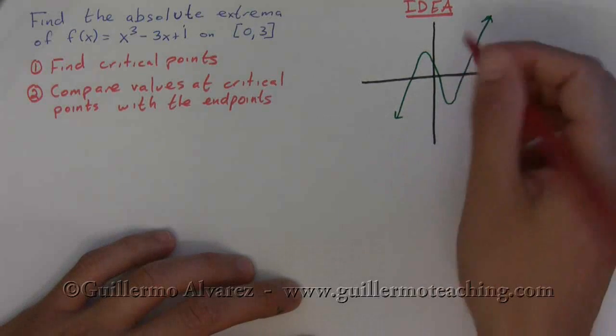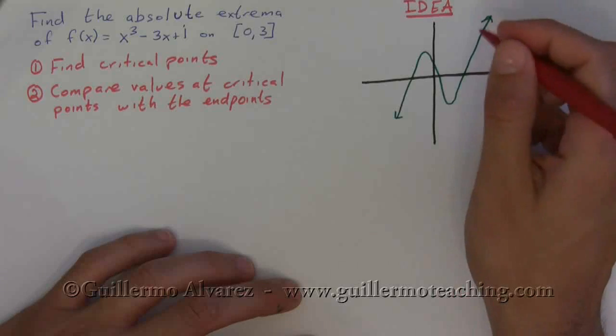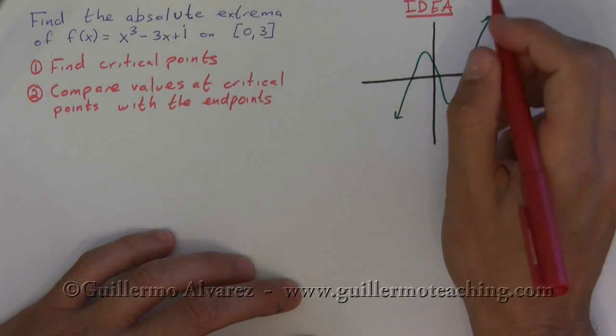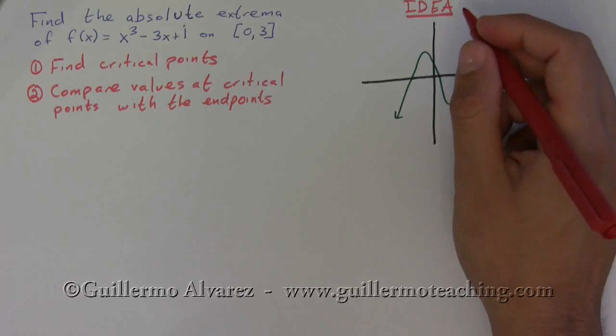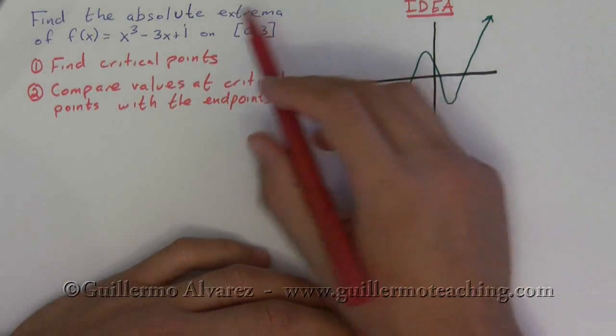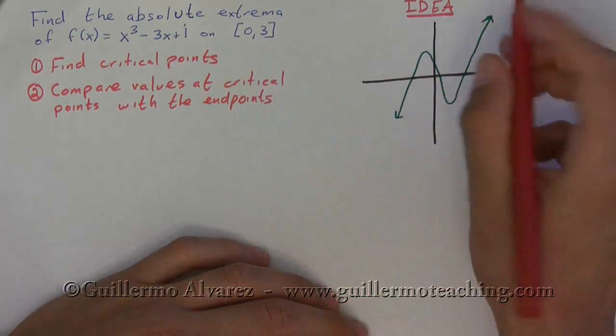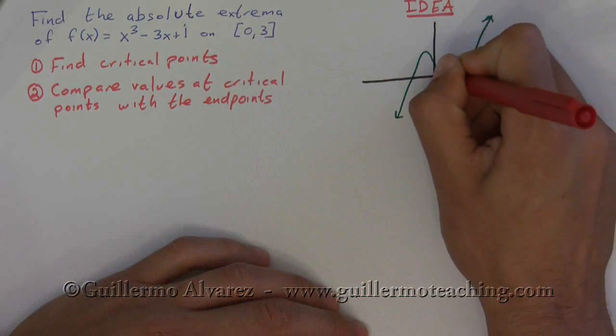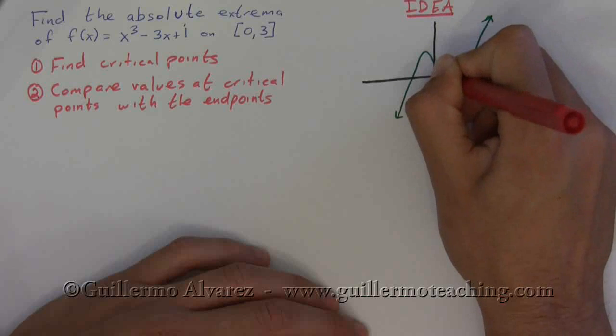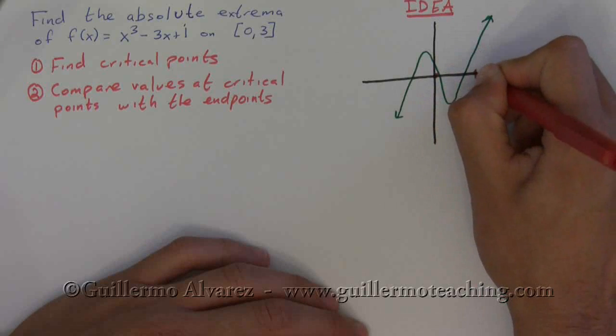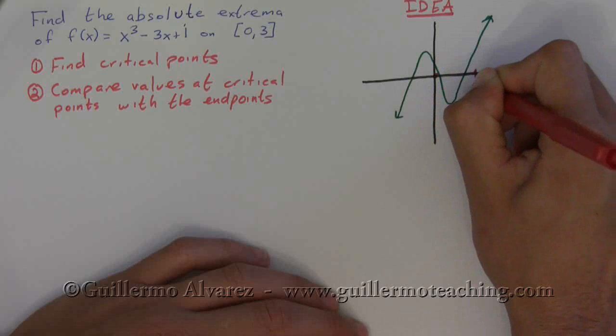Okay, and so this is just a very rough sketch, but let's say you're looking for the absolute maximums and minimums of this function from 0 to, let's say, here, 3.